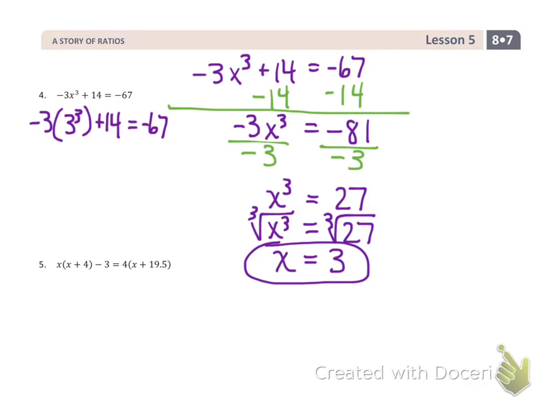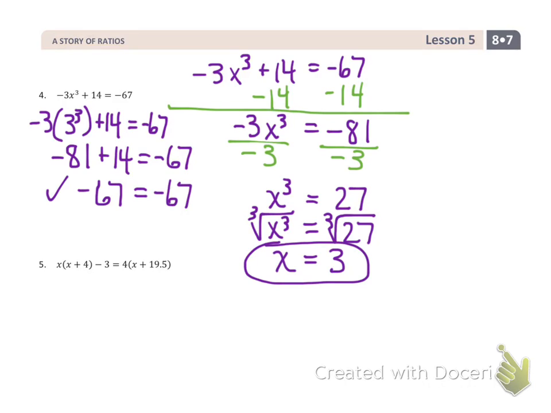So negative 3 times 3 cubed is negative 3 times 27 is negative 81 plus 14 is equal to negative 67. And negative 81 plus 14 is the difference between 81 and 14, and it's a negative number, so this one checks out. Negative 67 equals negative 67.